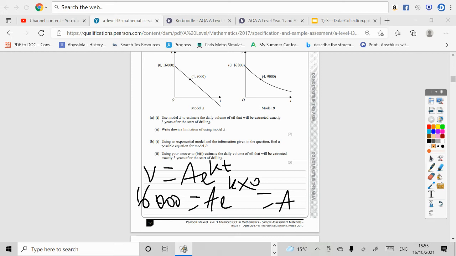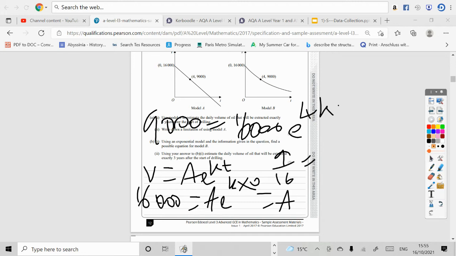Now, subbing in the point that we've got on the line, we've got 9,000 will be equal to 16,000 times e to the 4k. So 9 over 16 will be equal to e to the 4k. So 4k will be equal to the natural logarithm of 9 over 16.